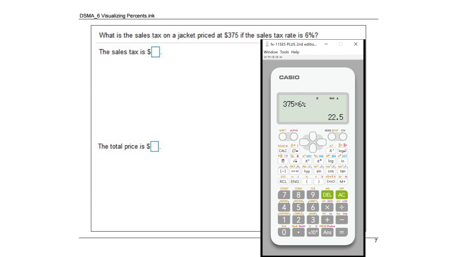Okay, this is our sales tax problem. So a jacket costs $375 and the tax rate is 6%. So if we multiply that by 6%, again, you have to change that to a decimal depending on your calculator. We're going to get $22.50.